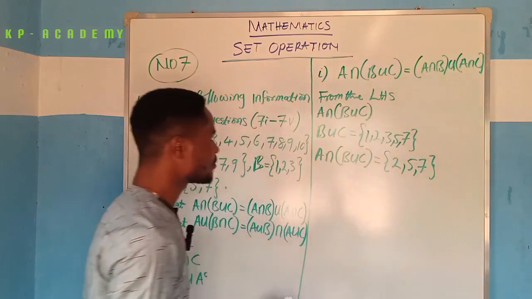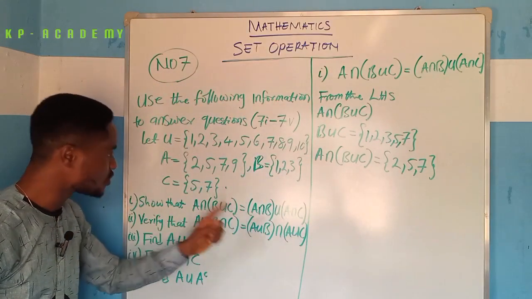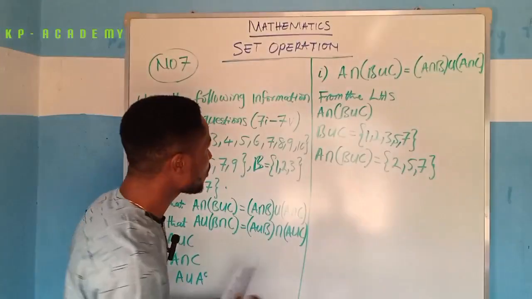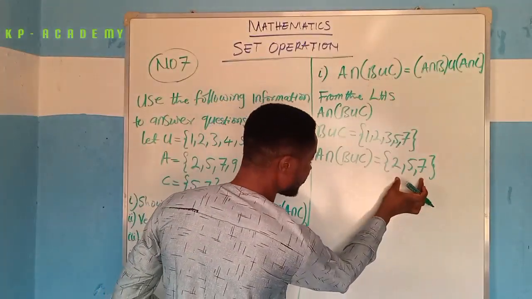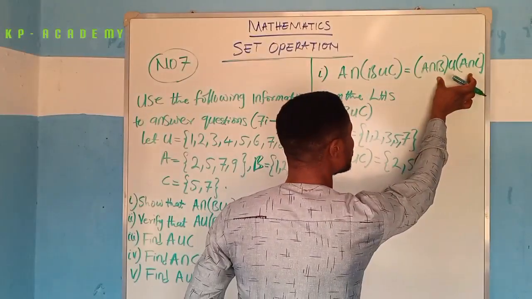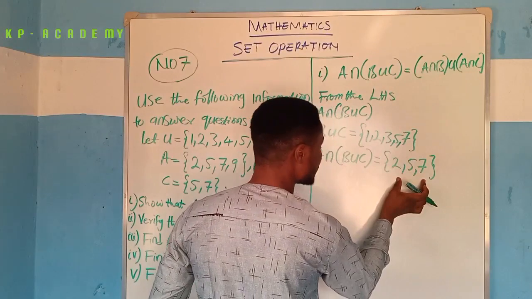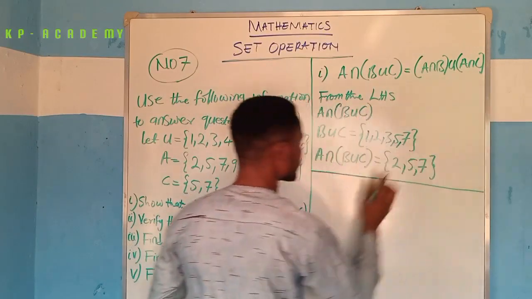Since we are asked to show that this is equal to this, and we've gotten A intersection into B union C to be equal to 2, 5, 7, it means that if we solve for the right hand side, we should also get this. So let's solve.